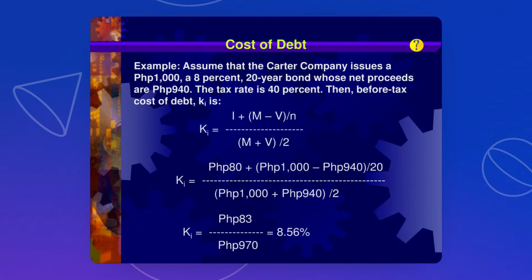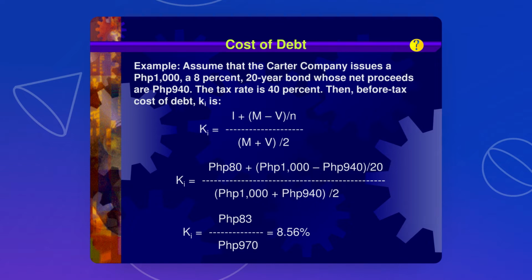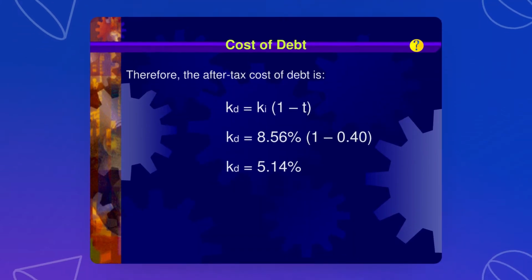Divided by 1,000 plus 940, and the 2 here is the average, meaning it is a constant. So, class, the KI here is 83 divided by 970. The answer here is 8.56. Question, is the 8.56 your answer already? Very good, the answer is no. Why? Because again, the cost of debt should be net of tax.